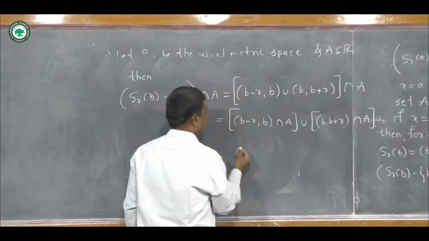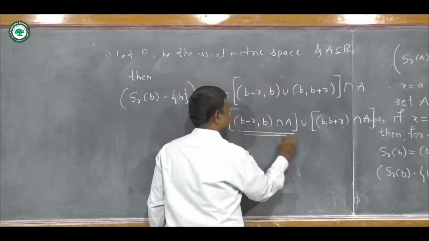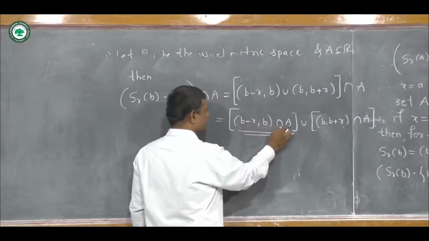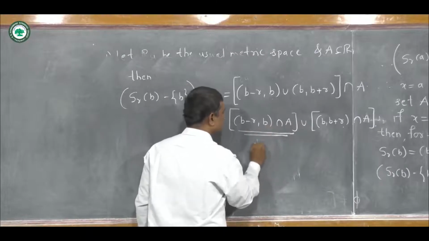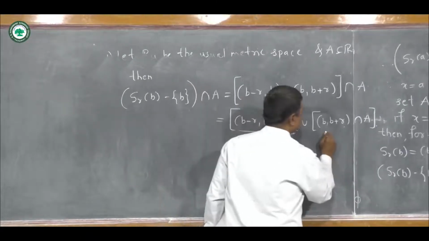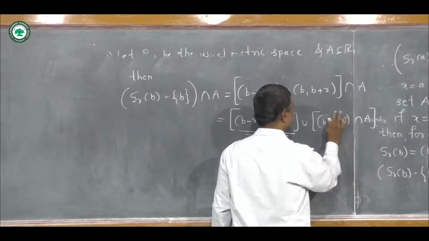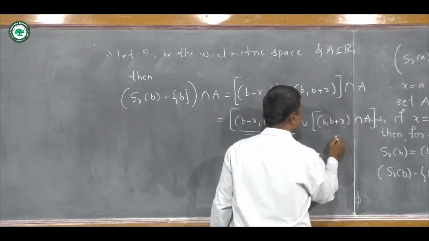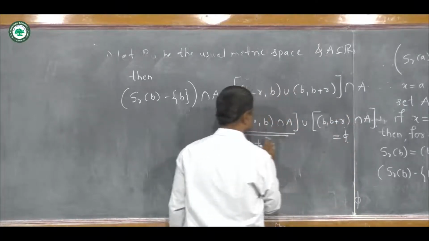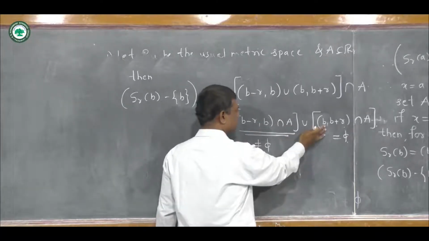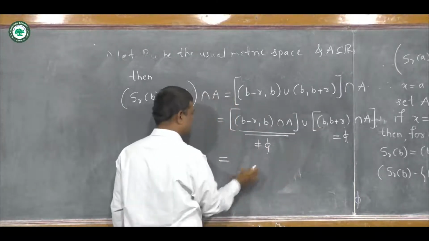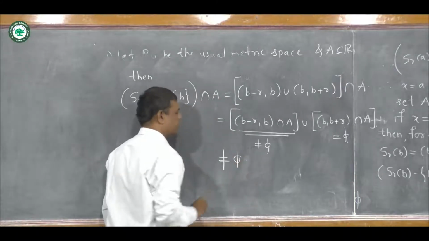Now the intersection of set A with the open interval b minus r to b is always non-empty, but the intersection of set A with the open interval b to b plus r is always the empty set. So one set is non-empty and the other is empty, and their union is always non-empty.